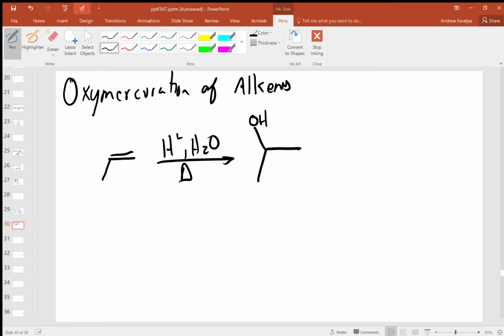The problem with this reaction is it requires both strong acid as well as high temperature. And that means that with a large number of other functional groups, this reaction is not very compatible.